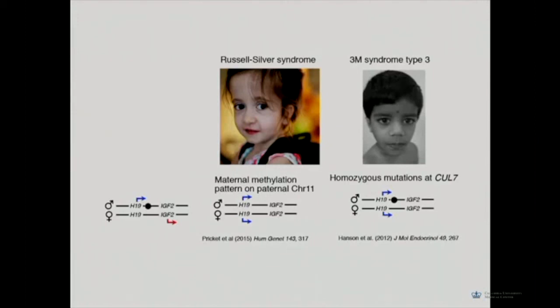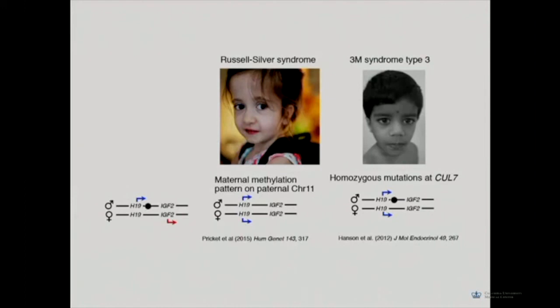There's another disorder called Russell-Silver syndrome. And in about 10% of cases, it's due to a loss of this methylation imprint from the paternal chromosome, such that all the cells express H19 from both maternal and paternal alleles, and they don't express IGF2 at all. In the normal case, H19 is expressed from the maternal allele and IGF2 from the paternal allele. But the similarity between these syndromes is very, very strong.